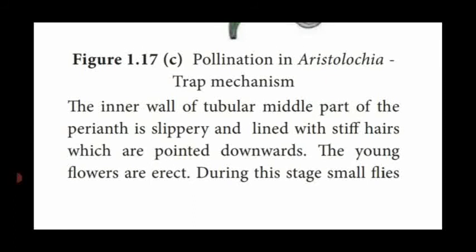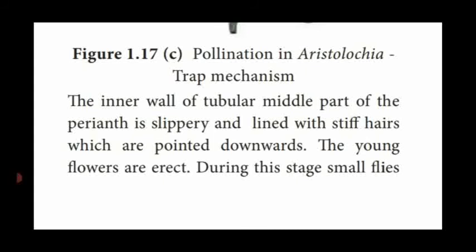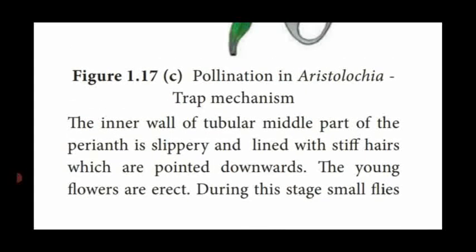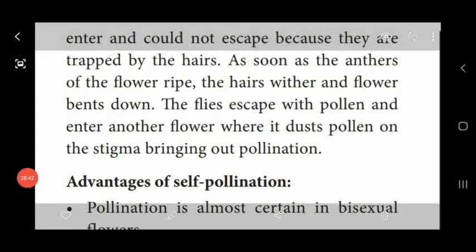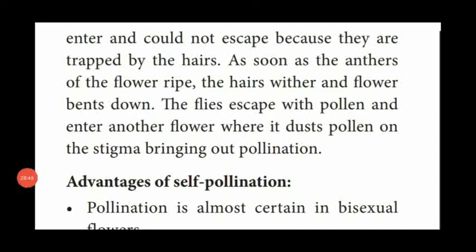But the young flowers are erect. At this stage only, the bees enter the Aristolochia flower. Once the bees enter the slippery perianth tube, they are trapped by the downward hairs present in the perianth tube. At the same time, the anthers of the flower ripen, that means they show growth and development.